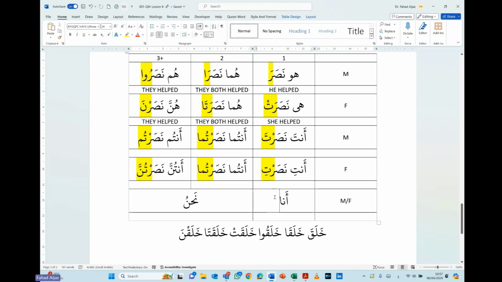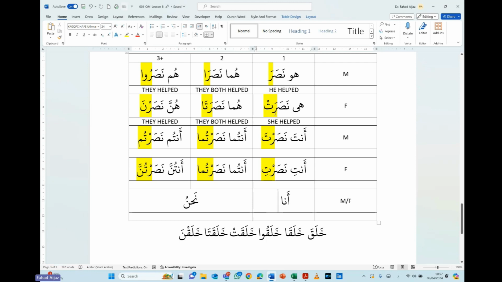Good. Now, how should I produce ana? The way I learned it, I'm going to teach that way to you. That helped me remember when I was a student. Because I'm an engineer, I try to find logic in everything, patterns in things.